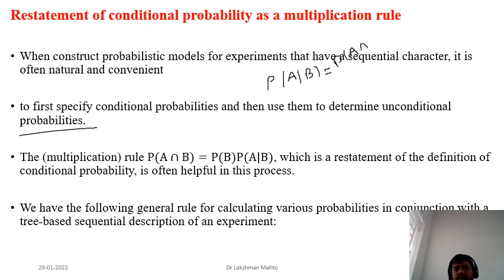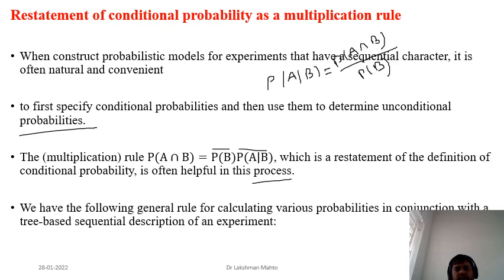Now we rephrase it by bringing the denominator, probability of B, to the left-hand side. That means we calculate the joint occurrence of events A and B as the product of probability of B and conditional probability of A given B. This restatement of the definition is always helpful for calculating the joint probability of two events.